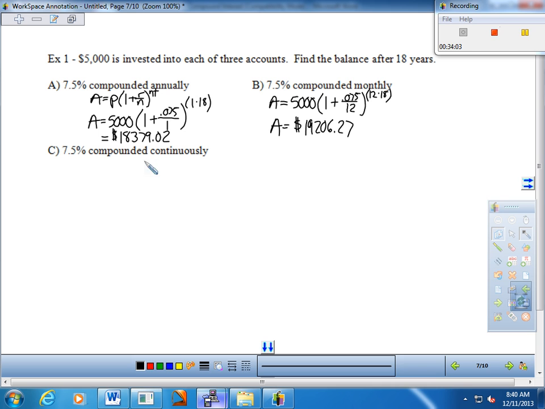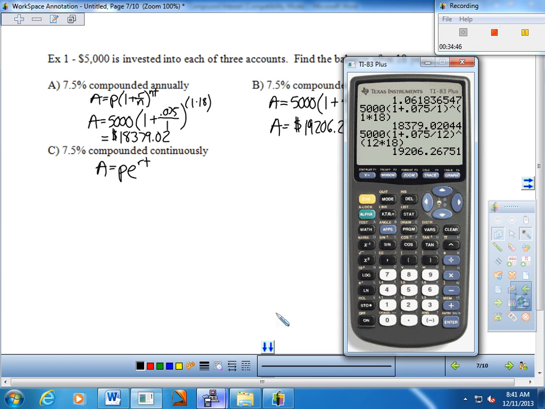And so now, to get that limit, we use the idea of being compounded continuously. So as soon as we see that phrasing right there, guys, we revert to the PERT formula. That would be this piece right here. And let's go ahead and get that in play. So 5,000 times e raised, and in this case, 0.075 times 18.